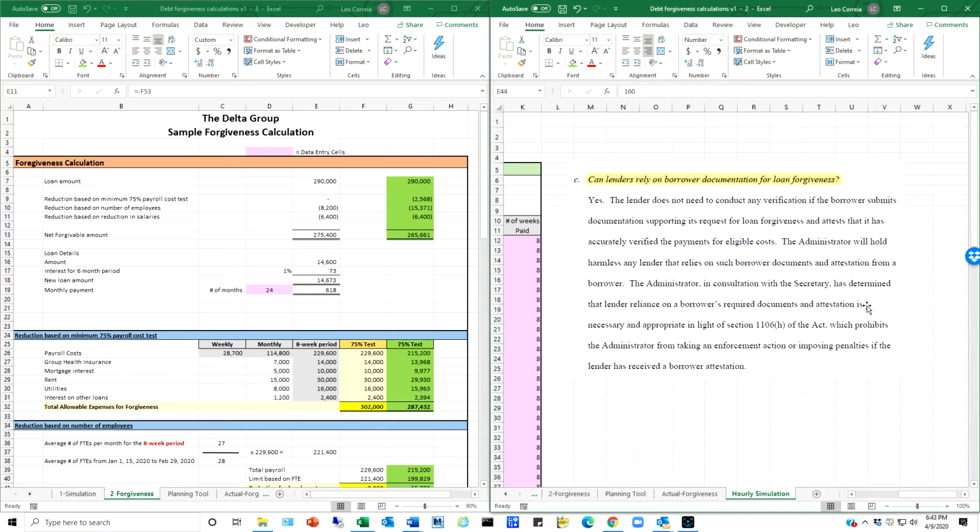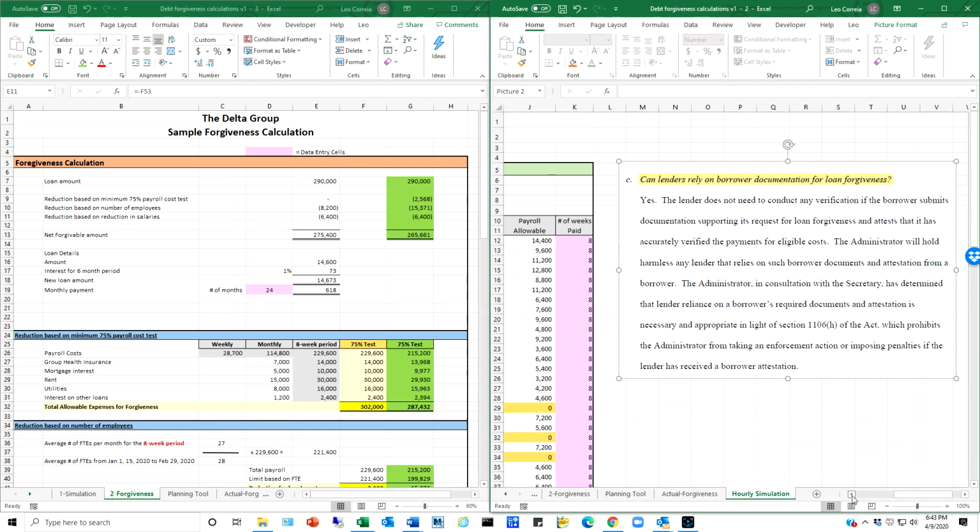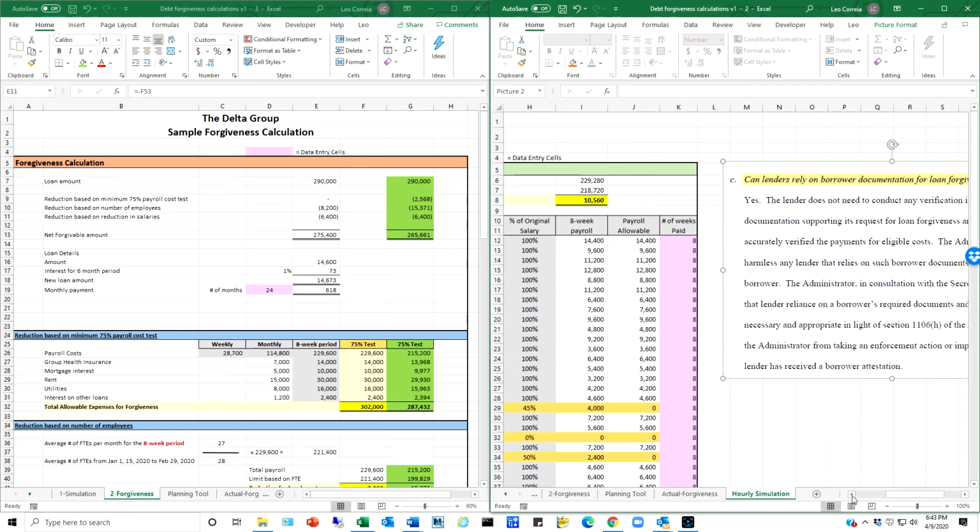And that's very interesting, and I think a lot of lenders are going to feel uncomfortable with this, but I think on the forgiveness, there'll actually be like a forgiveness application, I bet. And I think that application is going to have this attestation standard by the borrower that says, look, I've calculated all these, and the lender can rely on it.